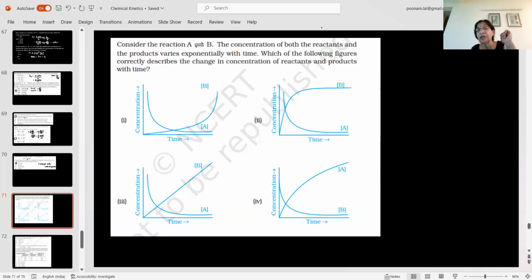With time, the concentration of A is decreasing, and with time, the concentration of B is slowly increasing. So this second one is the correct graph for our question. Second one is the correct graph.